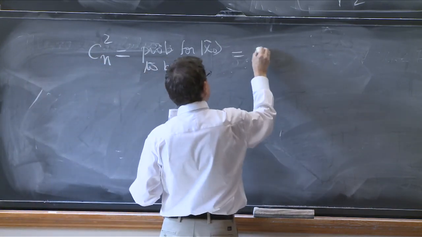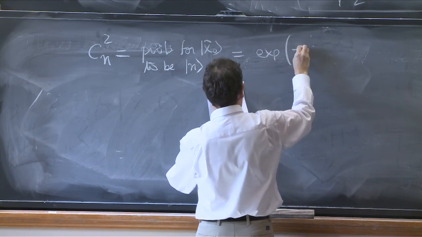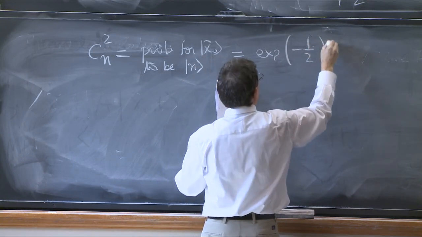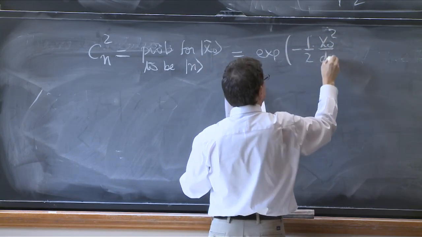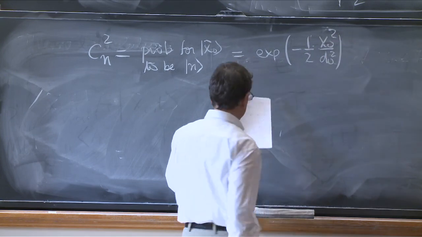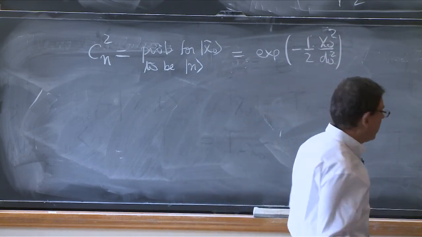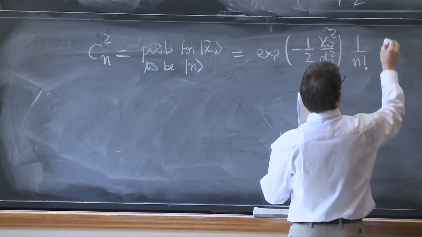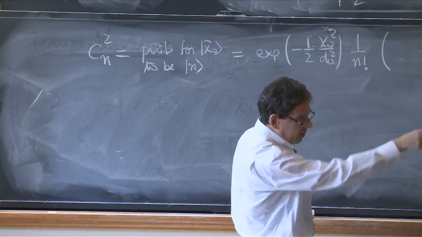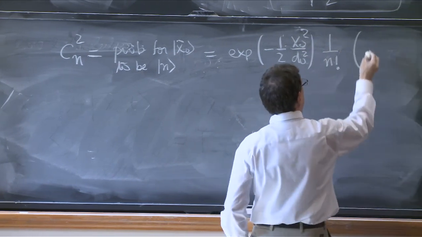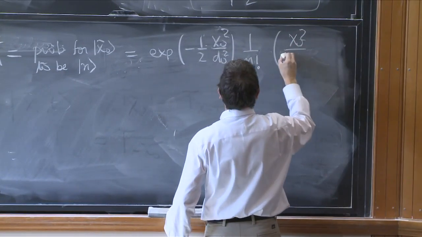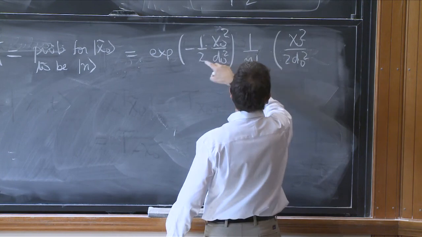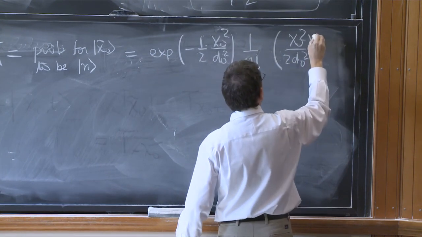That is what? Exponential of minus 1/2 x0 squared over d0 squared. And I have to square that coefficient, so I have 1 over n factorial, x0 squared over 2 d0 squared, that's nice, it's the same one here, to the n.